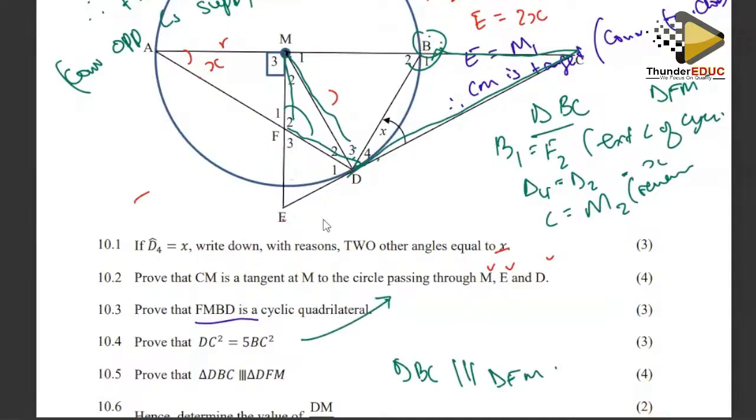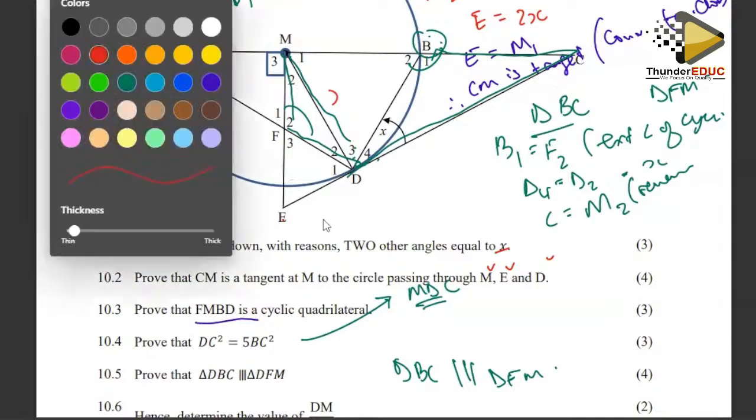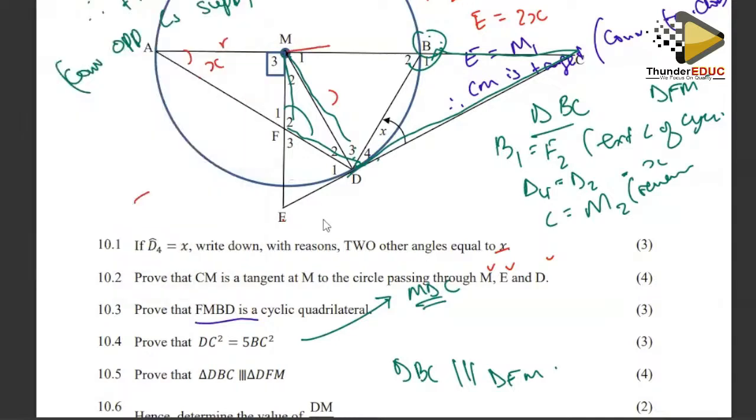Okay, so to prove that this squared is the same as that, we're going to need to use some bit of Pythagoras here, okay? So if I use triangle MDC, because that is the triangle that's going to lead me to what I need. This is MDC, this entire triangle here, okay?